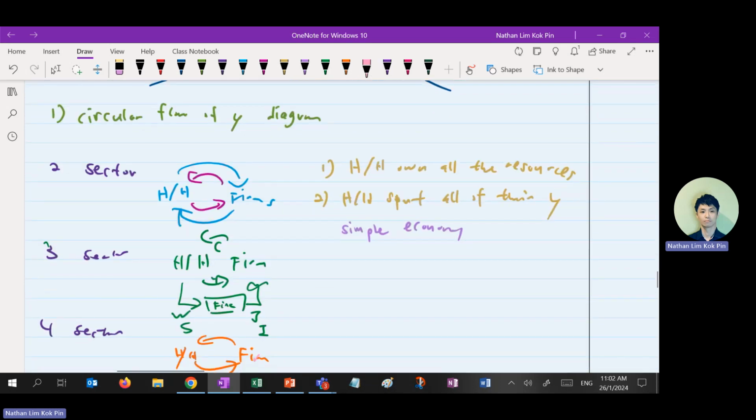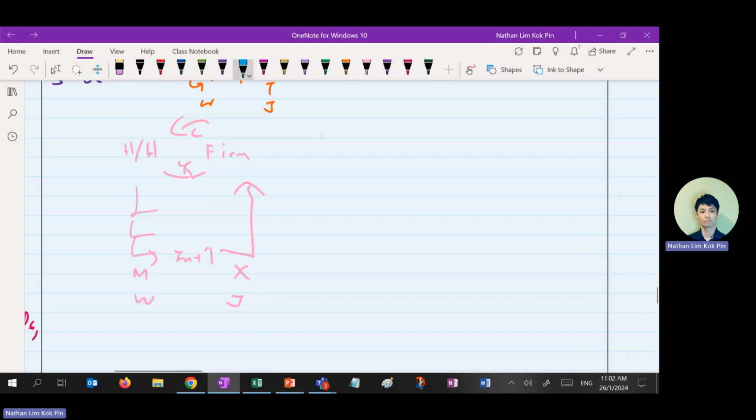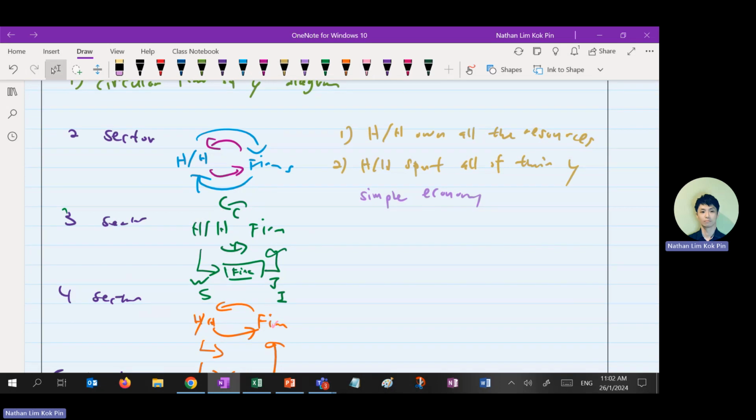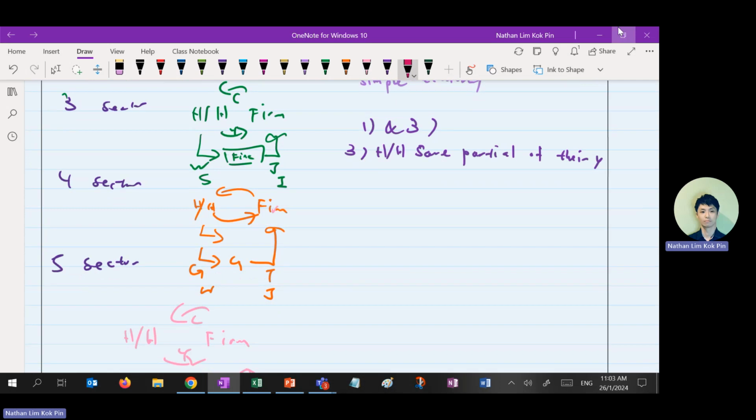Same for the assumptions. For 3 sector assumptions, you add one more, but only choose number 1 and number 3. Number 3 is households save part of the income. Then 4 sector, you have assumptions number 1, 3, and 4.